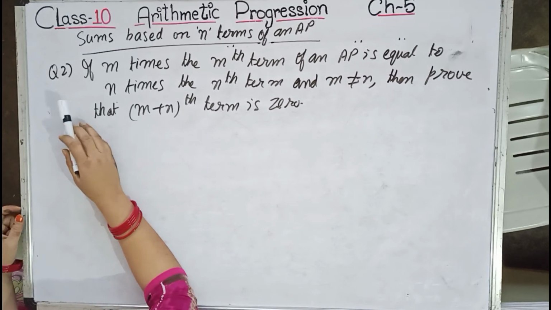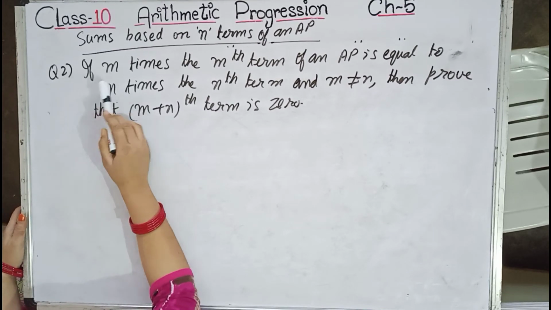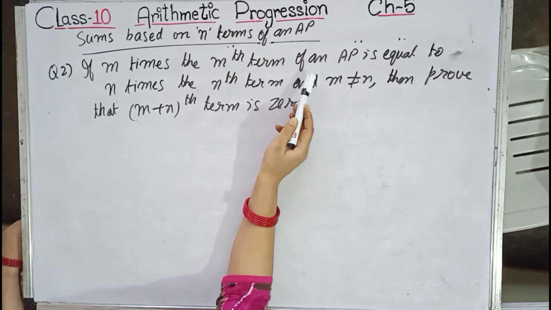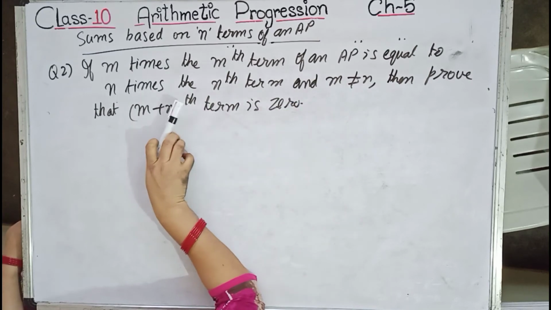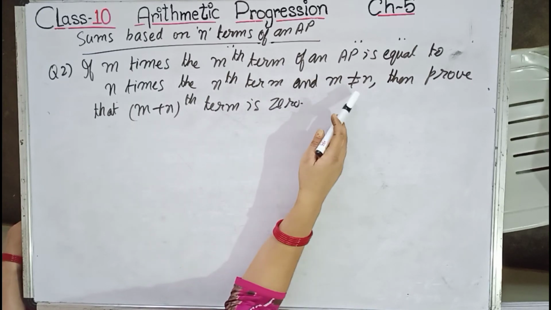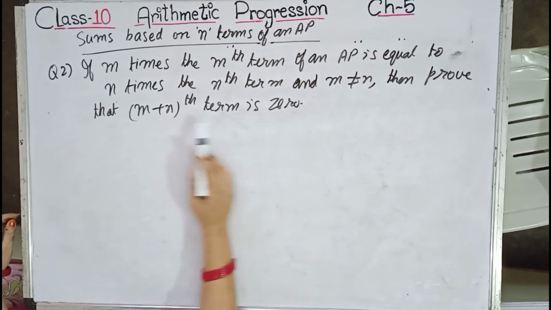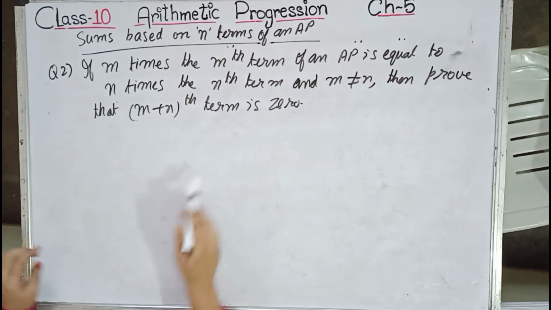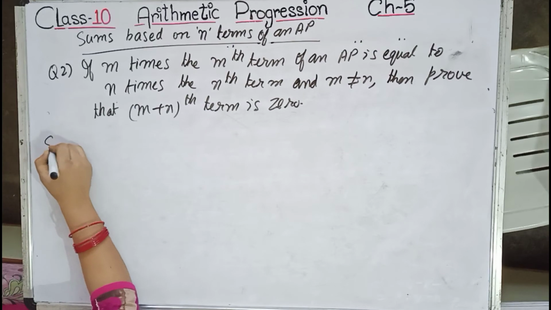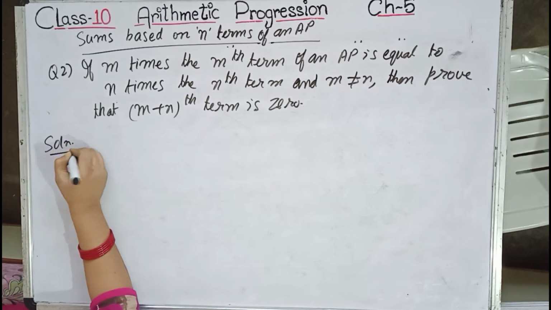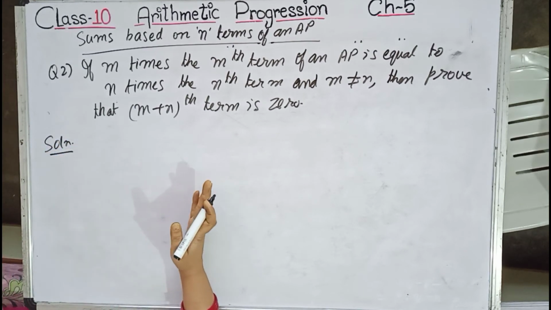Question number 2. Question number 2 says that if m times the mth term of an AP is equal to n times the nth term and m is not equal to n, then prove that the m plus nth term is 0. So the same type of solution we will be doing. Our aim is to find the value of a and d.